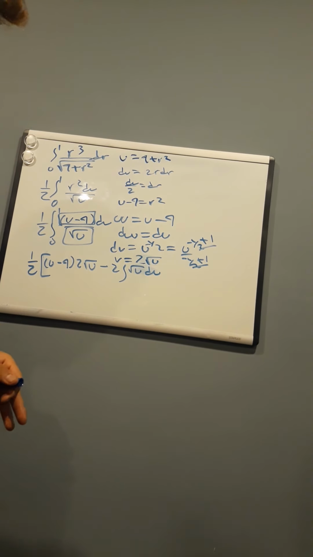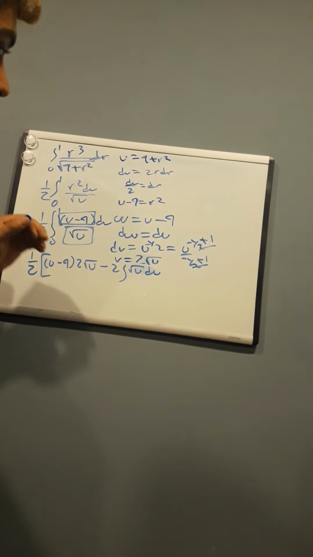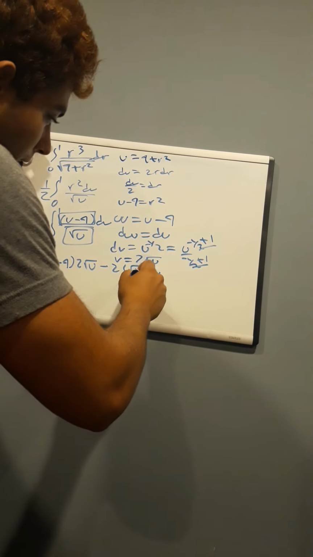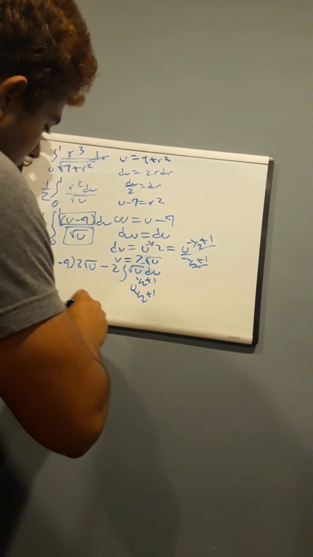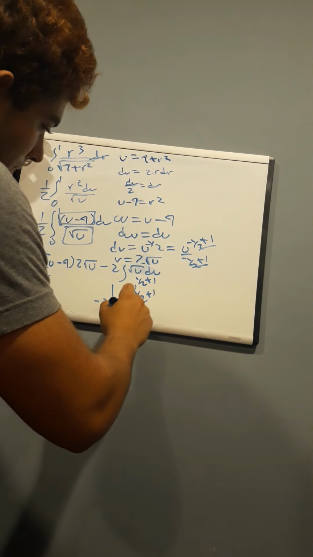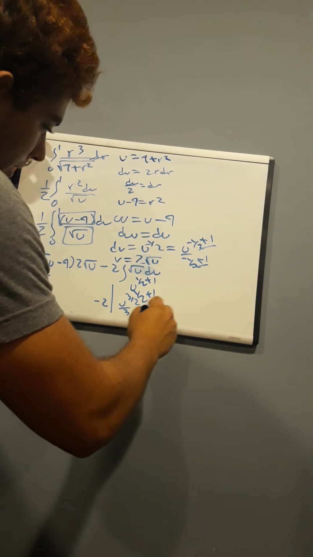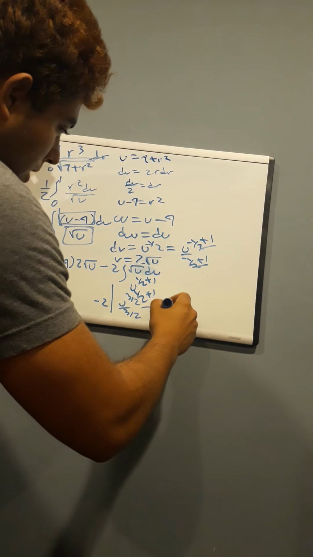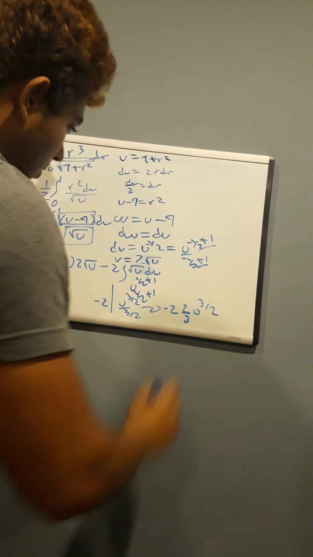We apply the same concept we did earlier in relation to how to handle radicals. So u to the 1/2 plus 1, 1/2 plus 1, right? So now we have negative 2 times u to the 3 over 2, and because this flips over as a fraction, you're going to have negative 2 times 2 over 3 times u to the 3 over 2.